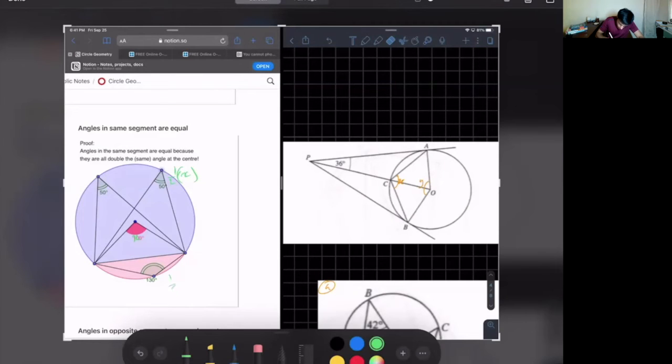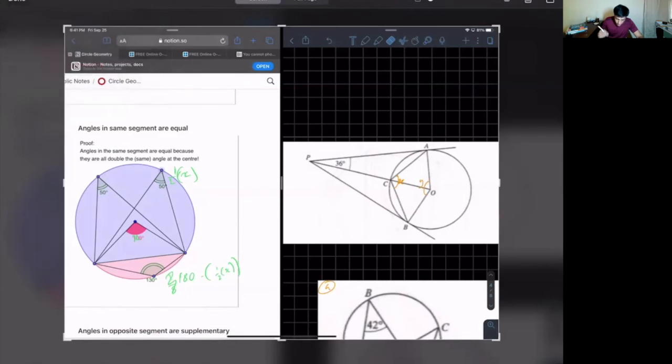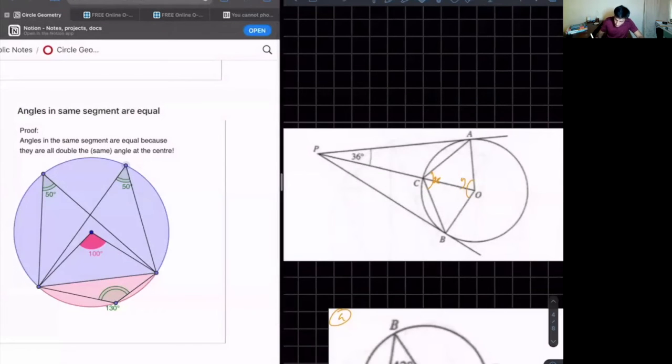And this is 180 minus half x, right? So arithmetically, we can bring this relationship about, which is that x is equal to 180 minus y over 2. All right? Isn't that cool?